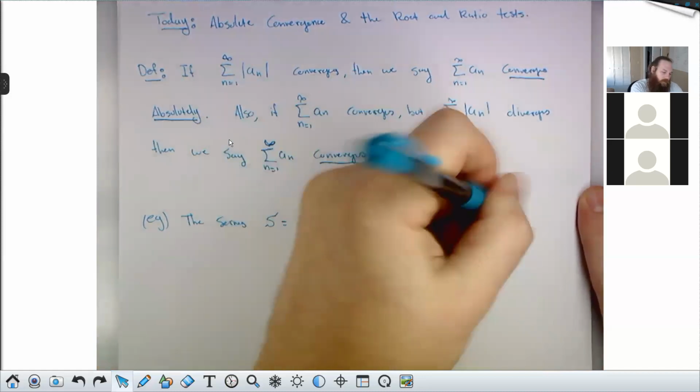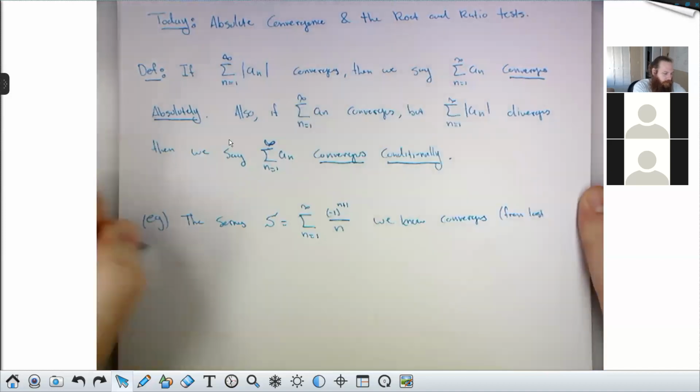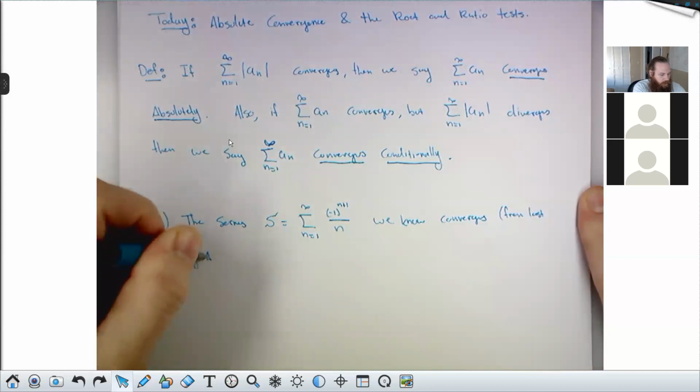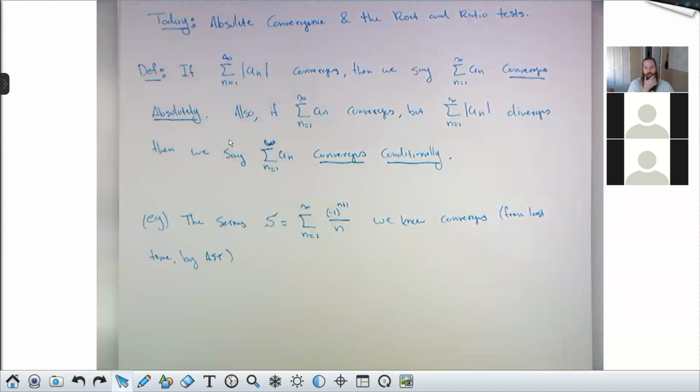We know that this series converges from last time. And the test we used was the alternating series test. Here the b_n's are 1 over n, that is a decreasing sequence, and the limit of the b_n's is 0. So this is indeed a convergent series by the alternating series test.